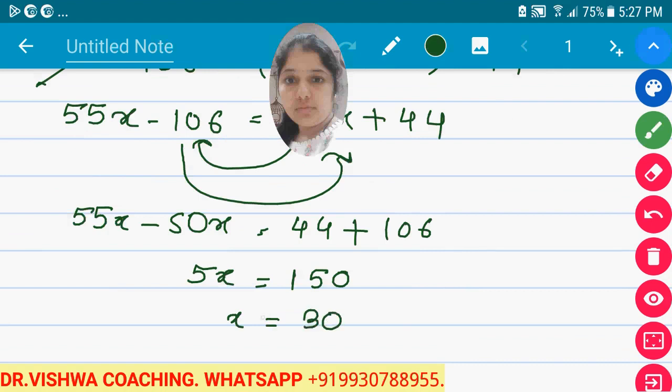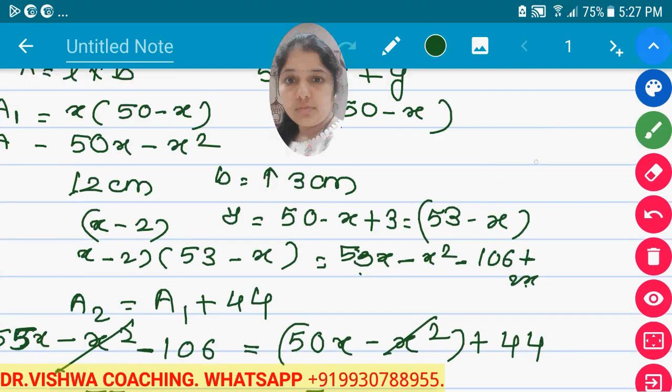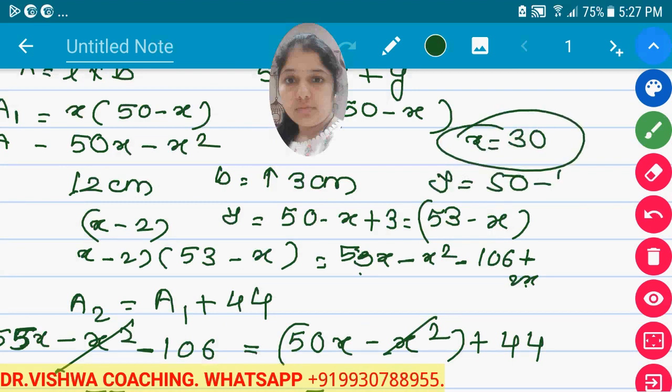So x is equal to 30. Now length is 30. What is the breadth? We had calculated the breadth as 50 minus x. So x is equal to 30 we get. So y is equal to 50 minus x, that is 50 minus 30 is equal to 20.